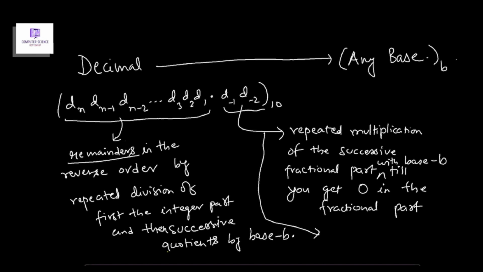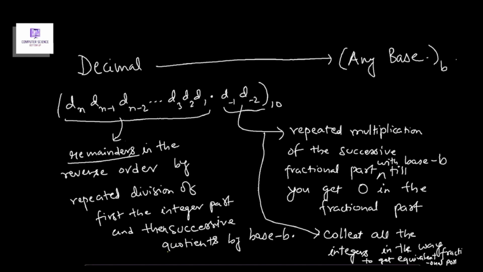Here you have to collect the integer parts, collect all the integers in the way to get the equivalent fractional portion in base b. Okay, let's look at examples and finish it off.